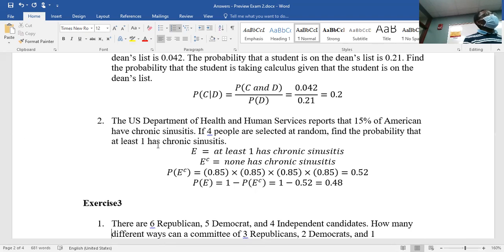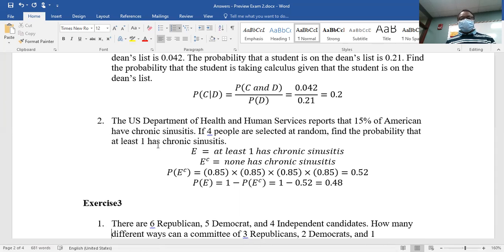The best way to deal with at least one is to use the complement. What is the complement of at least one? None. At least one fails when it is none. And for none, we have to take "no" for each of the cases.